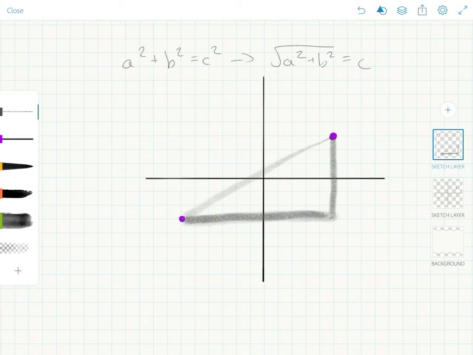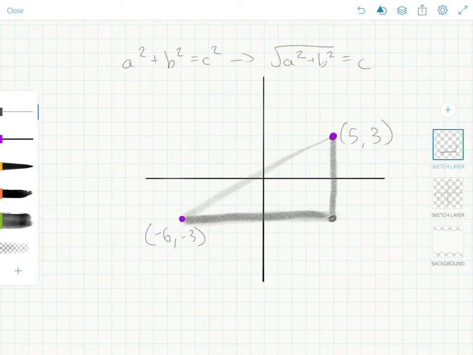Now, it can help to add in a third point right here. With the grids, it's easy. You can just count, but we want to evolve our understanding a little bit beyond just counting on the grids. So the location of this point down here is -6, -3, and the location of this point up here is 5, 3.